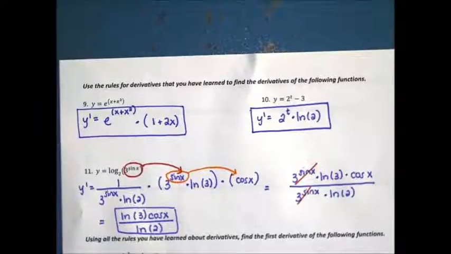Again, let's make it a little bit more complicated. So these problems are going to require us to do product rule, quotient rule, chain rule, all kinds of crazy things. For this first part, I'm going to need product rule because e to the something is one function and 5x to the fourth minus 4 is another function.